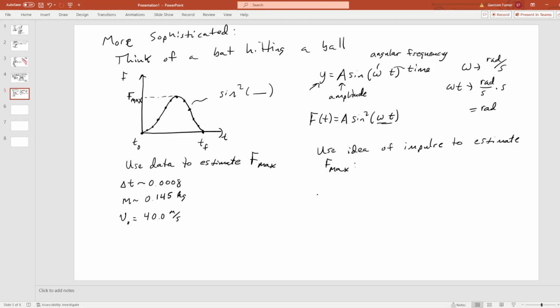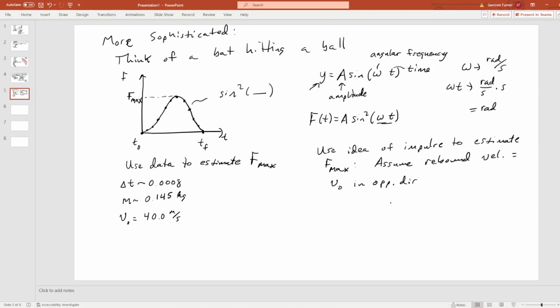And so what we want to do now is assume rebound velocity is equal to initial velocity in opposite direction. This is actually a bad assumption.